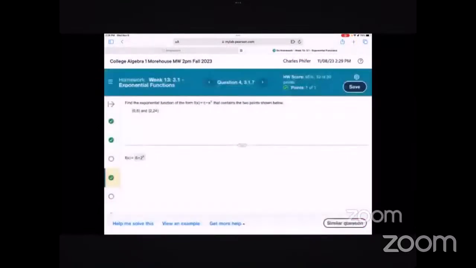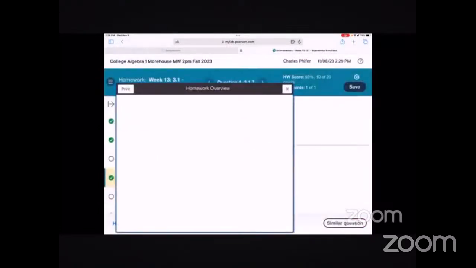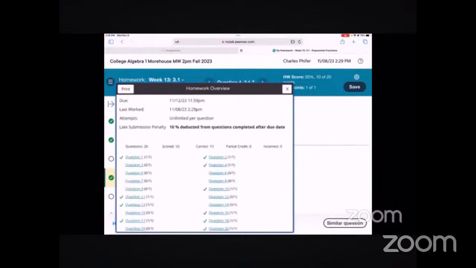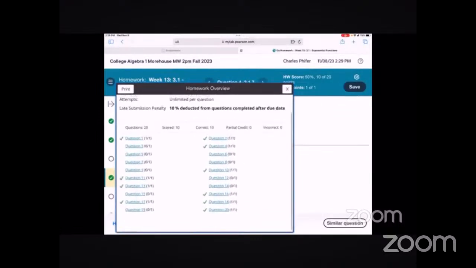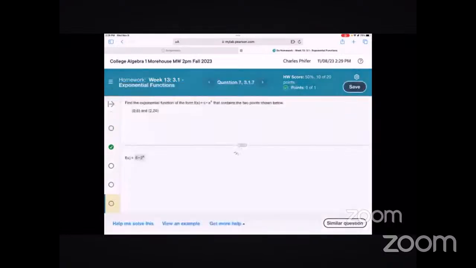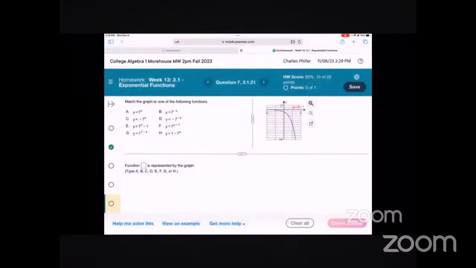Hey, Google, give me a random number between 1 and 20. 7. Let's see. Match the graph to one of the following functions. Okay, so it looks like they started with an exponential. It looks like it's turned upside down, and that really seems to be the main manipulation.